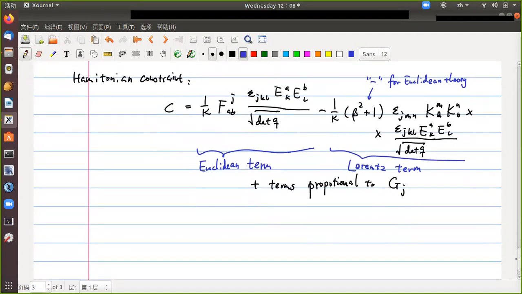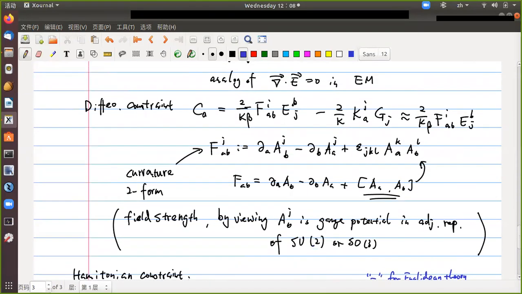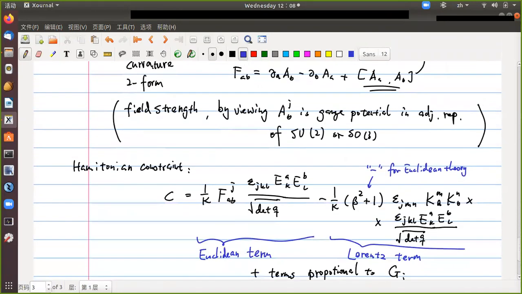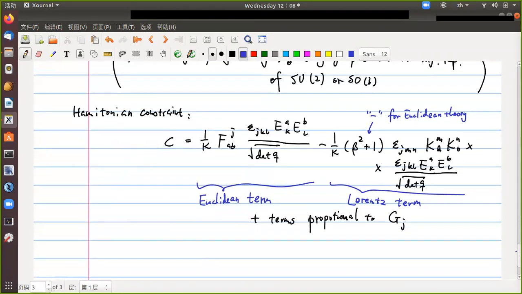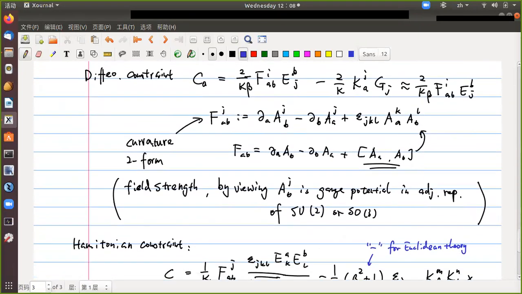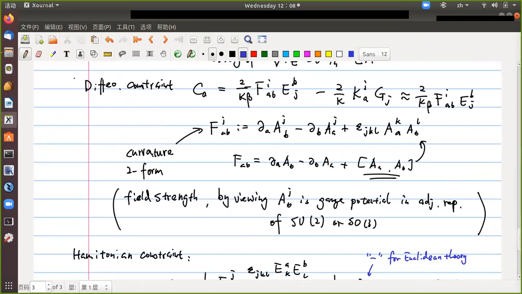All right, so this is the expression of the diffeomorphism constraint and Hamiltonian constraint in terms of the new variables, and also the Gauss constraint in terms of the new variables A and E. Those formulas are very, very important, and therefore I would invite you to check these two formulas as your homework.